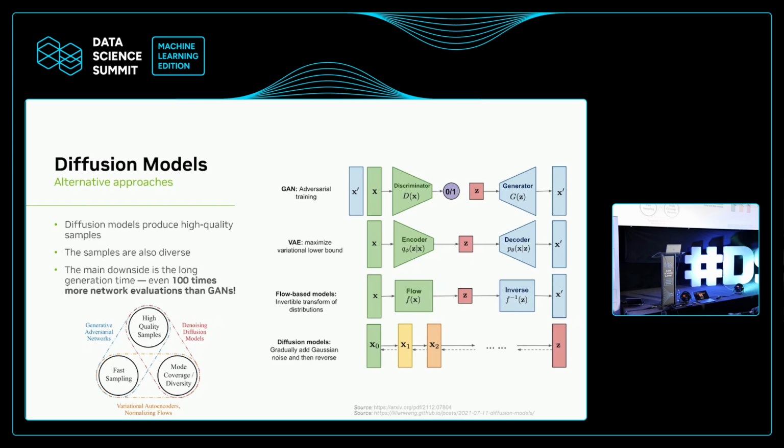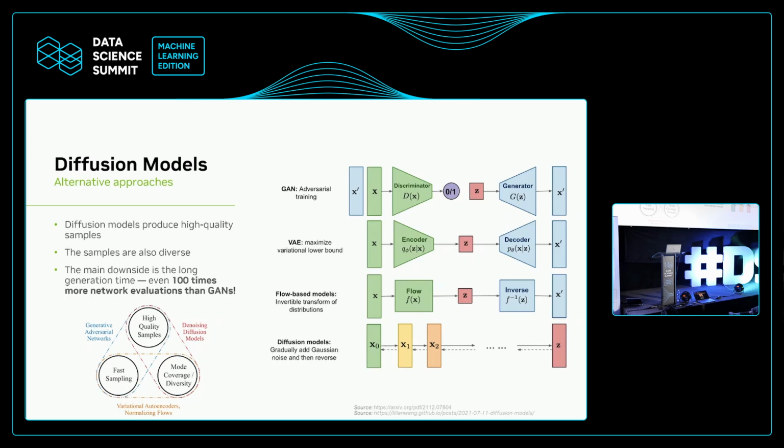In diffusion models, we start with an image, and what we can always do is add more noise to the image. That's pretty straightforward. But when we are adding more and more noise, we finally end up with an image that is pure noise, that has no information in it whatsoever. The tricky part is to reverse this process.